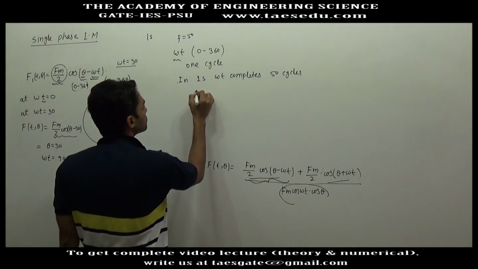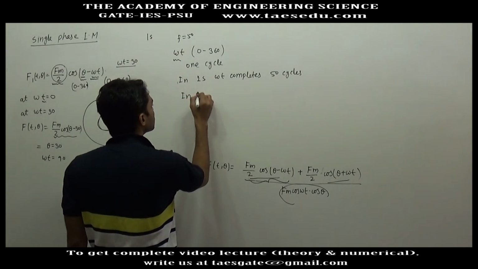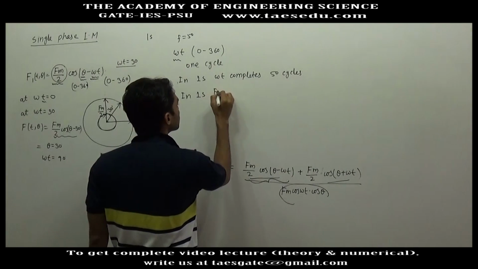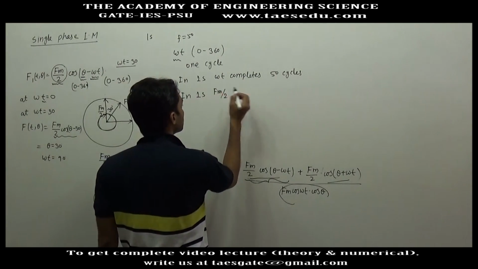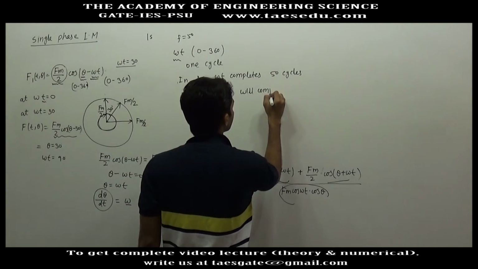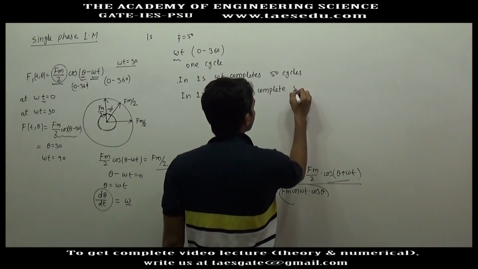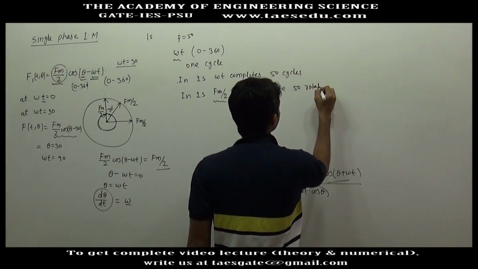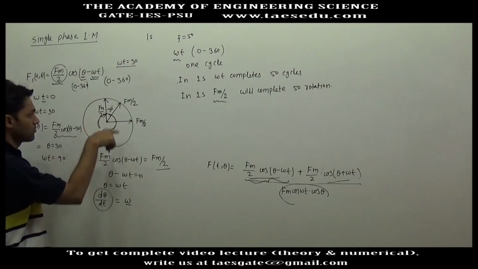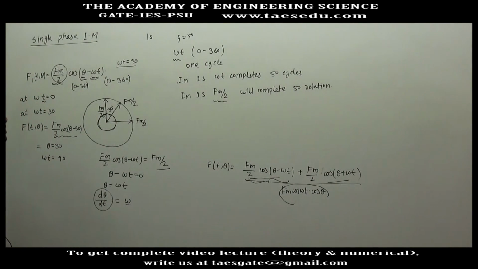So we can say that in 1 second this Fm by 2, or the maximum magnetic field, will complete 50 rotations. So the rotation per second of this Fm by 2 is equal to the frequency of supply.